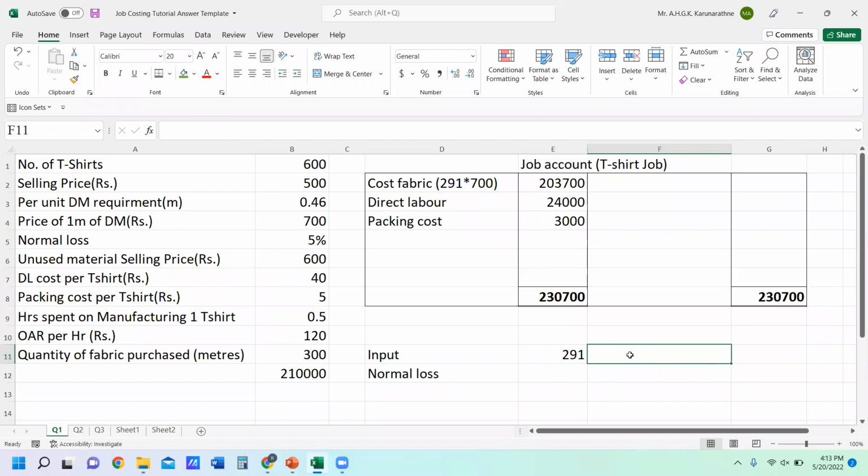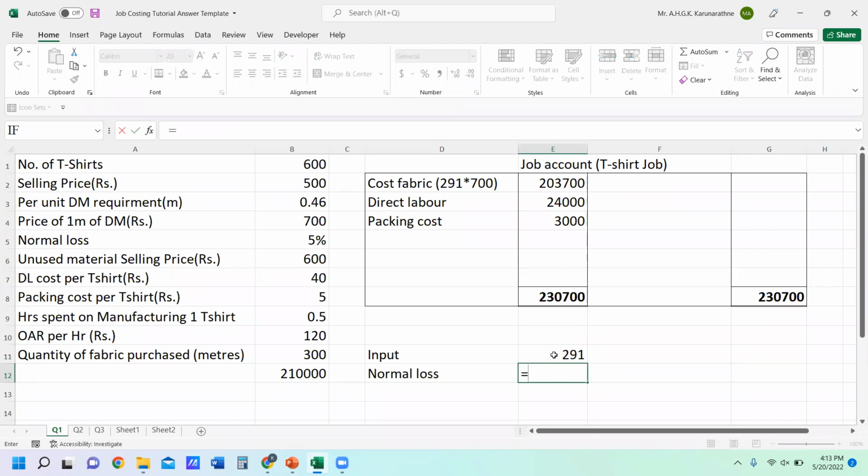Right. The next thing is this, the right requirement. Assuming our operations will operate subject to the normal efficiency level and normal losses, if you introduce 291 units to the manufacturing process, then there will be a normal loss of 0.05, approximately 15 units.